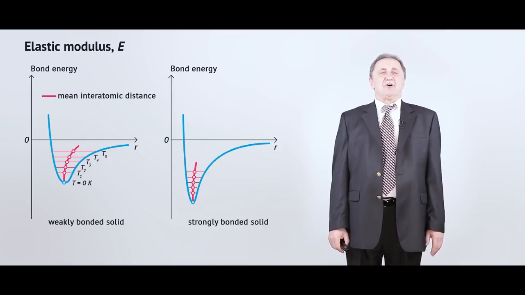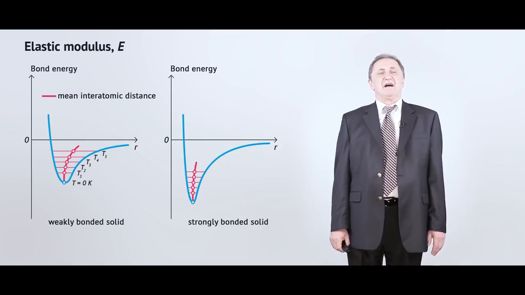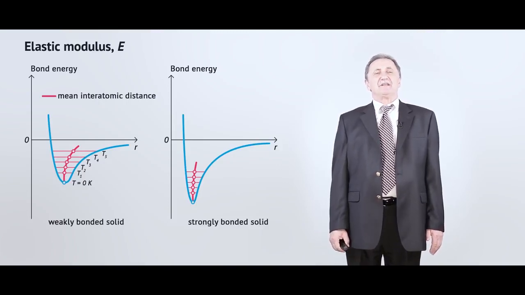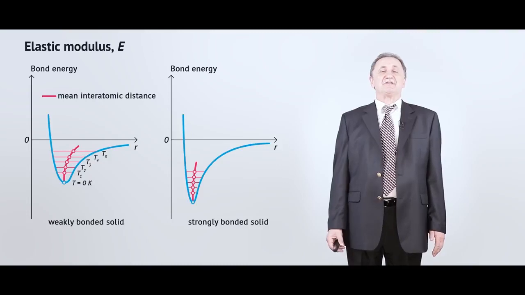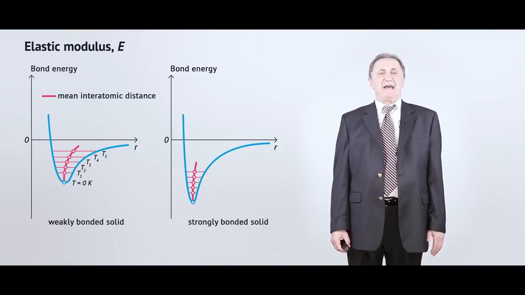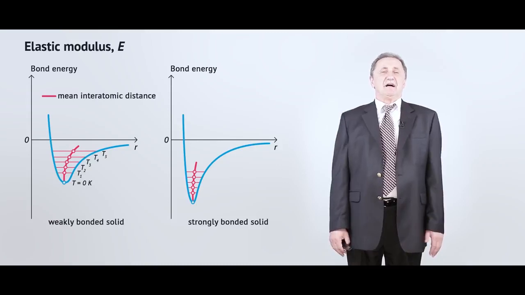With a wider energy function, for the larger distance, we can increase in the case of heating or decrease in the case of cooling the distance between two atoms, without destroying the crystal structure.